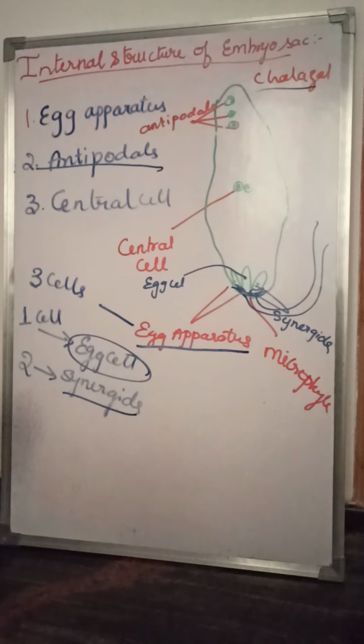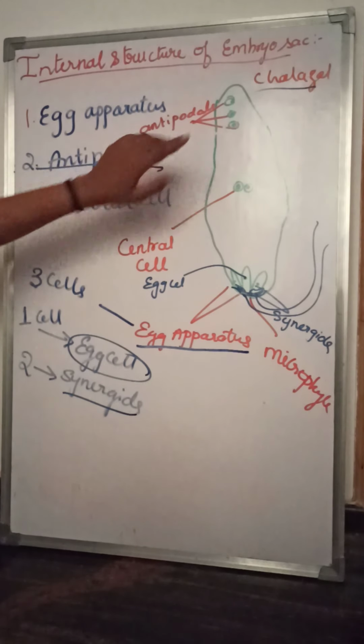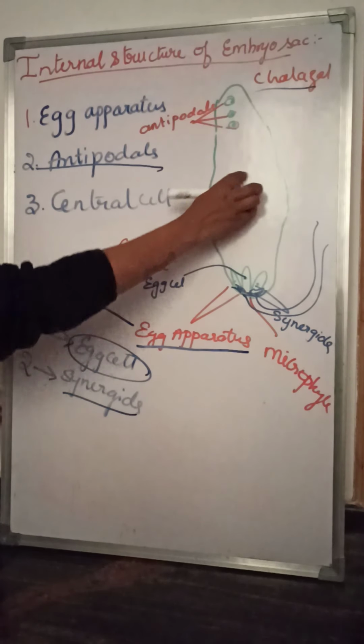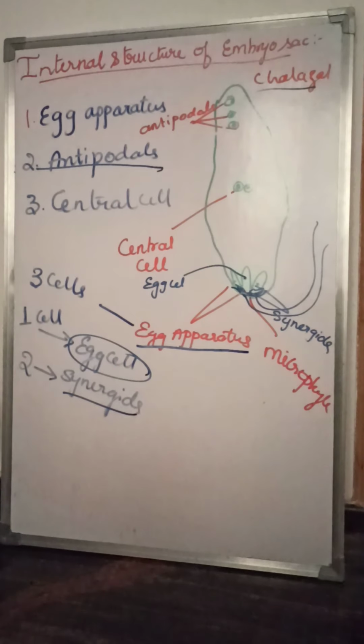These 3 cells also degenerate; they do not play a role in the process of fertilization. And what about the central cell? You can see this central cell has 2 polar nuclei.